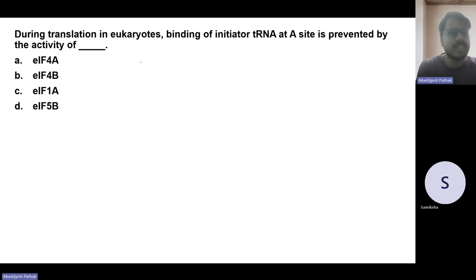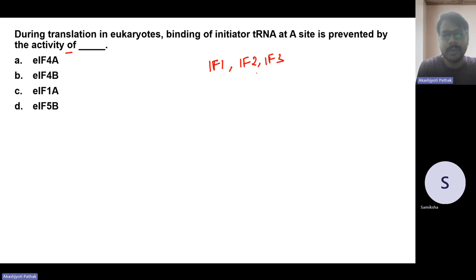Now answer this question. During translation in eukaryotes, binding of initiator tRNA at the A site is prevented by the activity of what? Remember that it is similar to what we did in prokaryotes. In prokaryotes there were three initiation factors, IF1, IF2, and IF3.